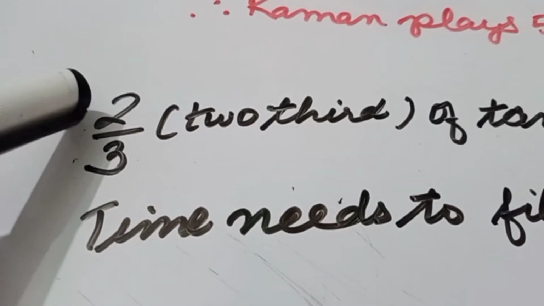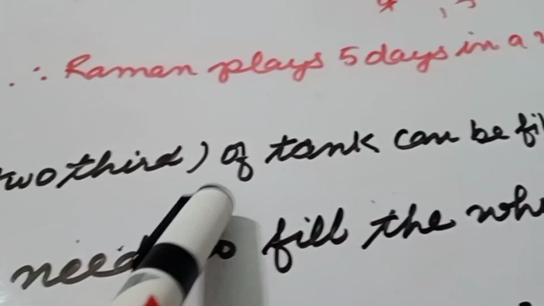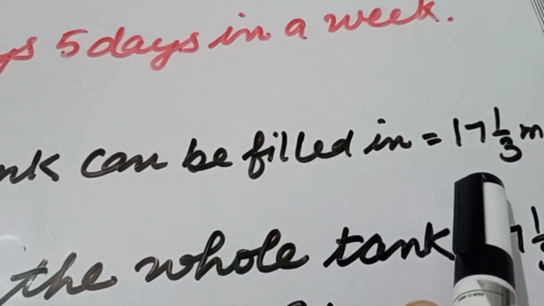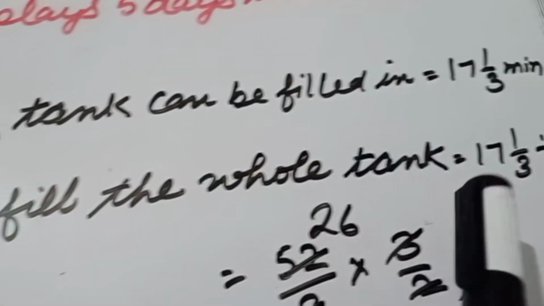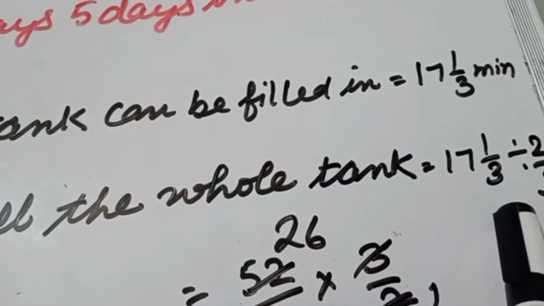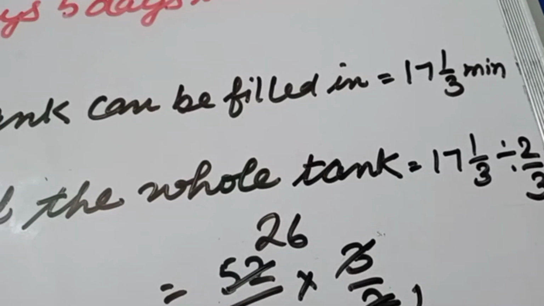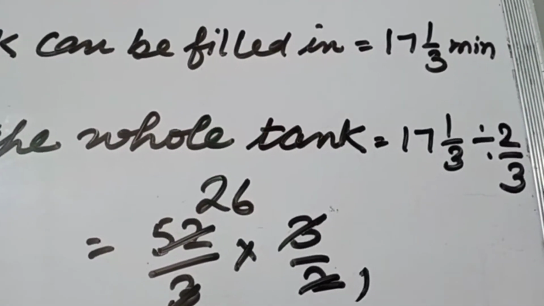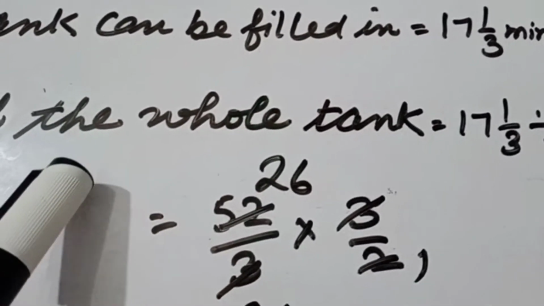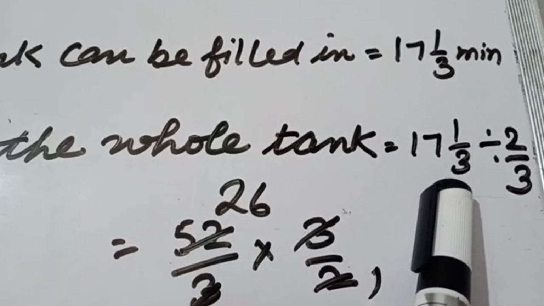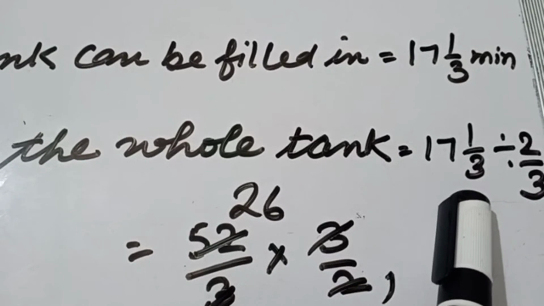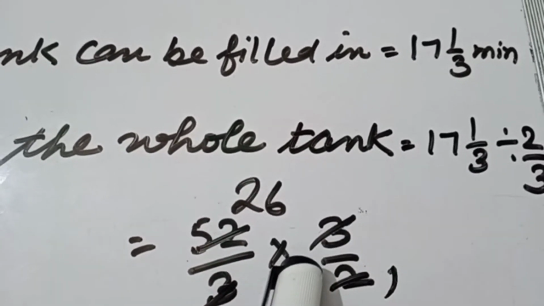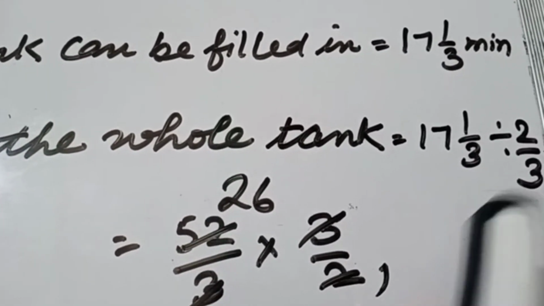2/3, we will write in numeral 2 by 3 of tank can be filled in 17 1 by 3 minutes. So time needed to fill the whole tank, we will divide this time by 2 by 3. We will get the time for one tank, means for the whole tank. So first we will convert this 17 1 by 3 into improper fraction, 52 by 3, and we will multiply it with the reciprocal of 2 by 3.